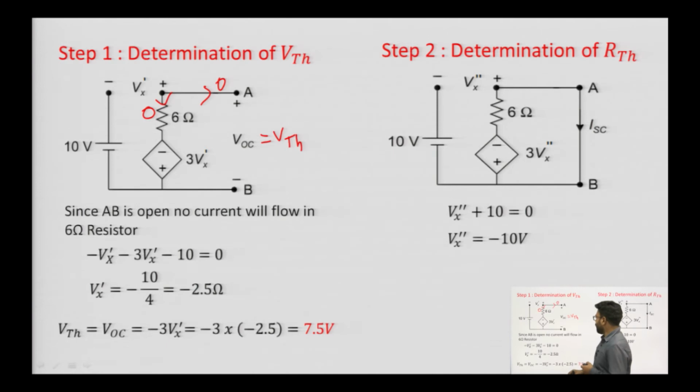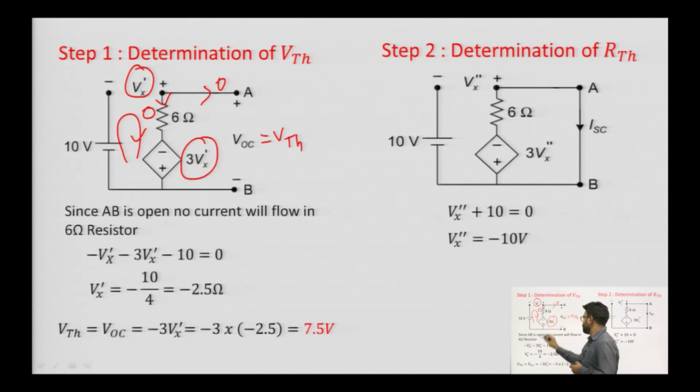If I apply a loop here, we get minus Vx dash minus 3 Vx dash minus 10 equal to 0.